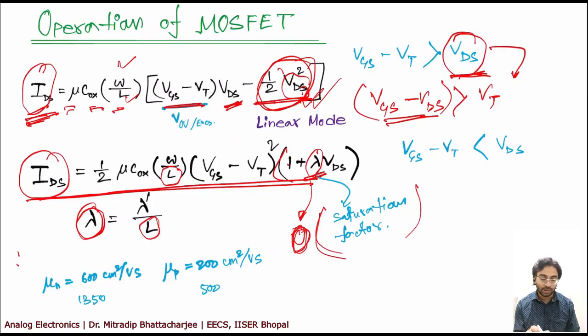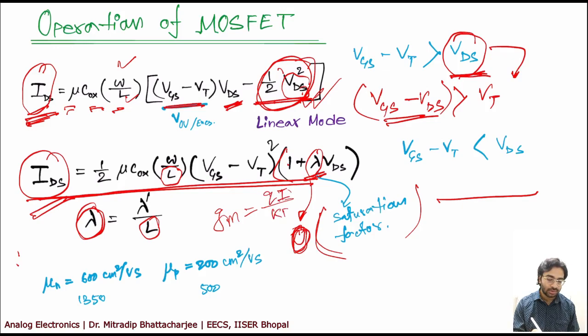But what is the problem with high channel length? The problem with high channel length is you will reduce the IDS value. What is the problem if the IDS value is lower? The problem is you will find your GM value, which depends on the output current, qIC by kT, will also reduce because your output current is less.